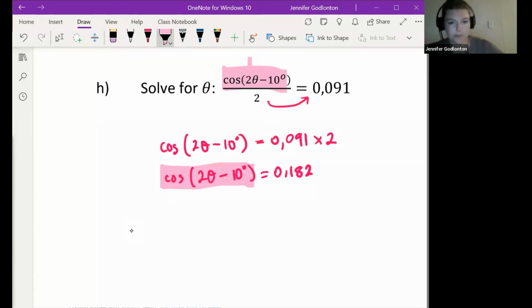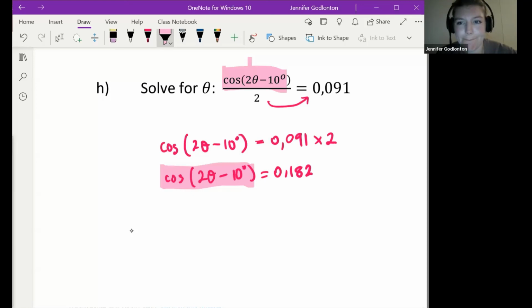Nokobongo, yes. Ma'am, I wanted to ask, because I multiplied the whole equation by 2. I multiplied cos bracket 2 theta minus 10 by 2 and got 2 cos 2 theta minus 10 over 2.